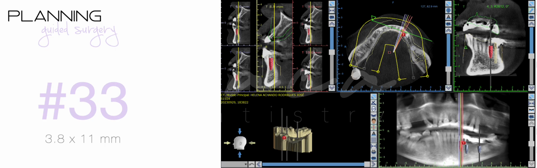So now I can show you here the planned position for each implant. First, as you can see here, the 33, that is a 3.8 by 11 millimeters.